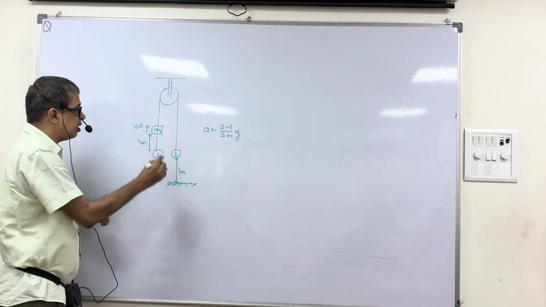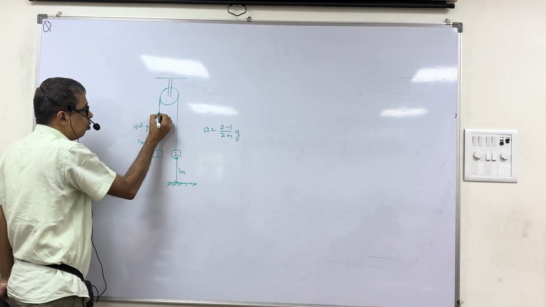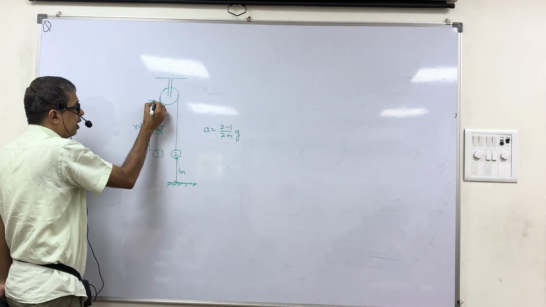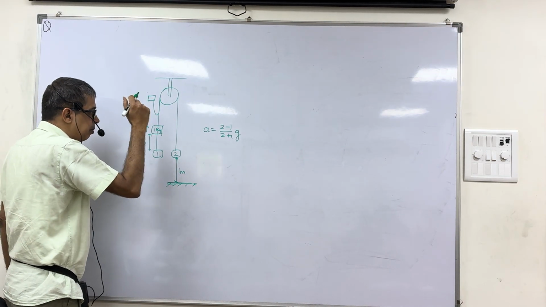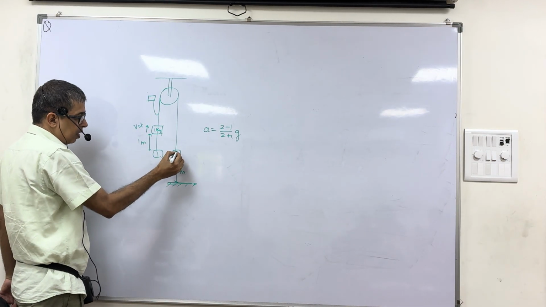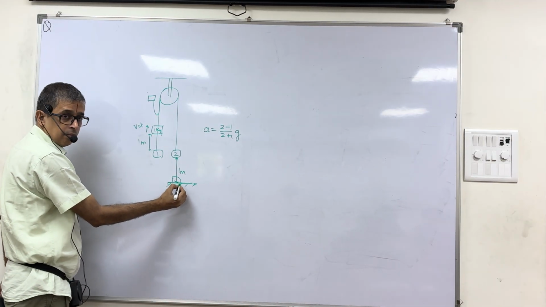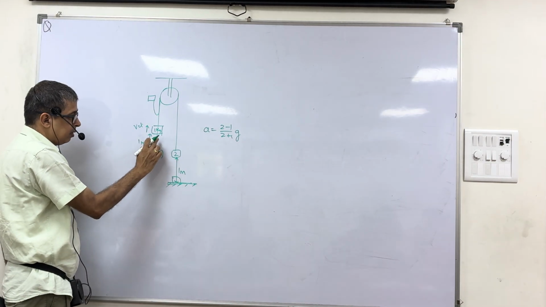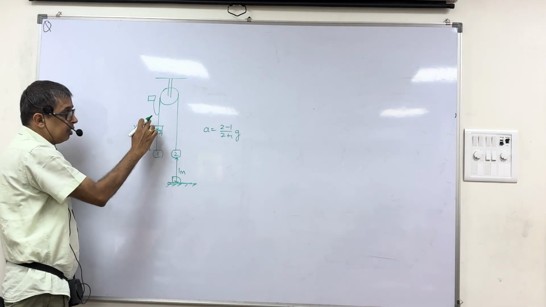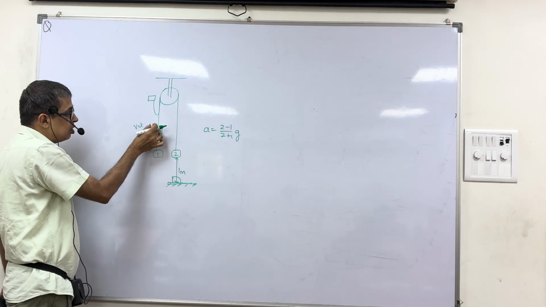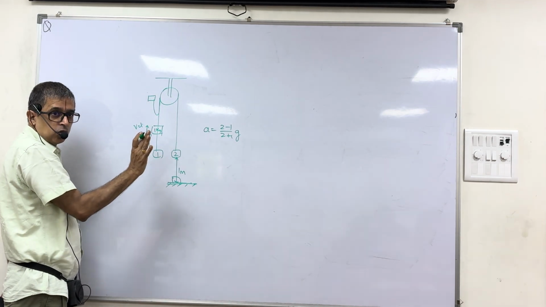If the tension in the string became 0, after how long do you think the string will again become taut? Now this stopped here. This acquired some velocity. Tension became 0. Now this will fly up and come back. Yes or no?